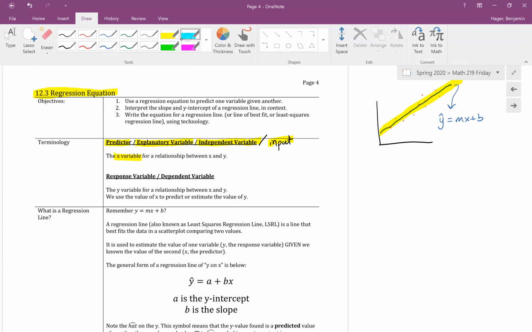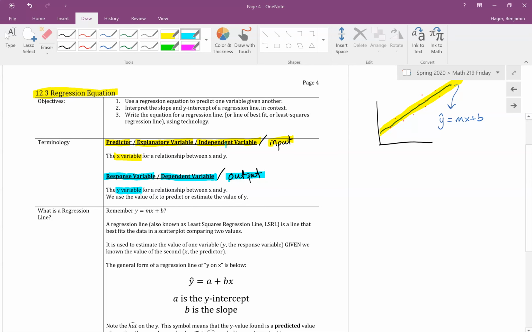And the y value, the y variable, goes by fewer names, but it's got a lot of options. Sometimes it's referred to as the response variable, the dependent variable, or sometimes the output. So you'll see different people in different books use different terms, but they're all describing either the x value or the y value with those terms.